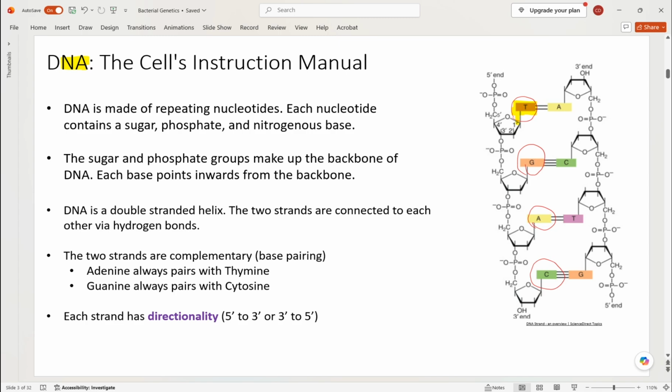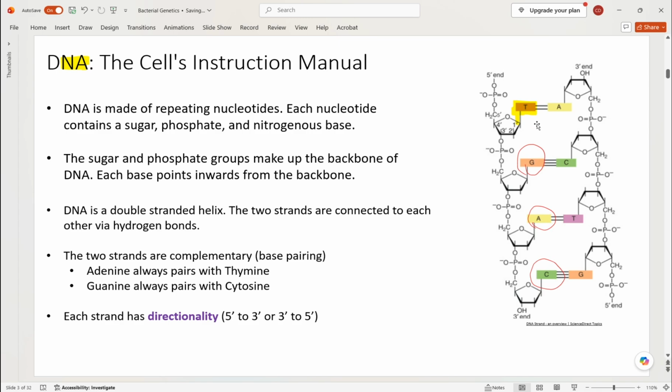Okay? And so we say that DNA is made up of 2 strands of nucleotides. One strand is here on the left that I had just highlighted, and then the other strand is on the right-hand side. And what I need you to notice, and this is going to be important when we get into the function of DNA, is that these 2 chains of nucleotides are connected to one another.